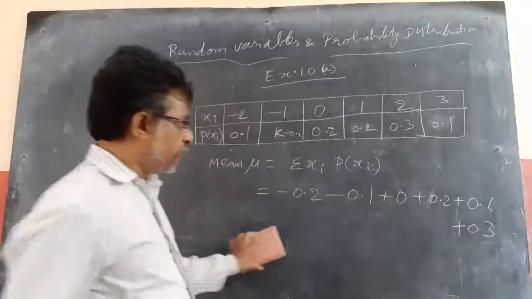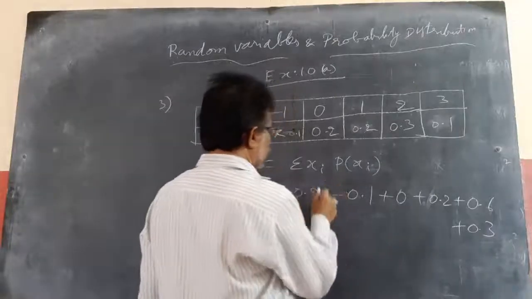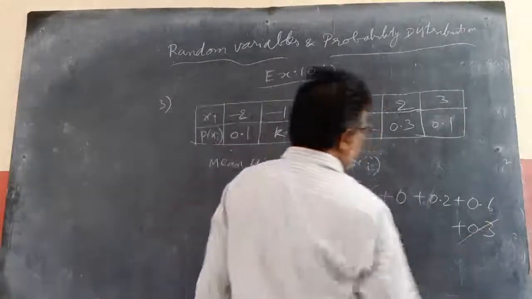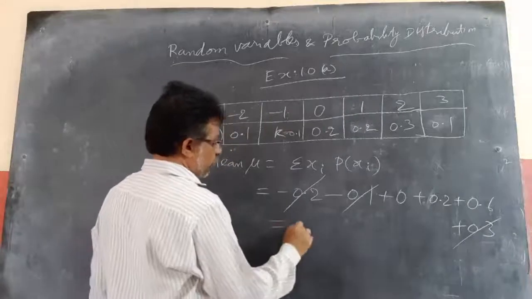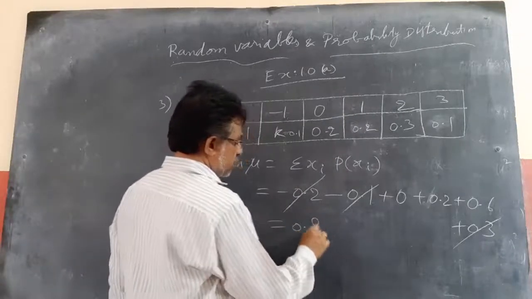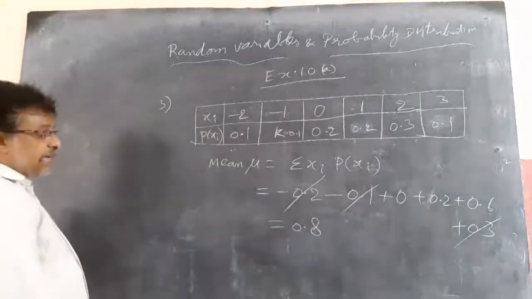So simplify: 0.2, 0.1, 0.3 you can cancel. Left out is 0.8. So mean is 0.8.